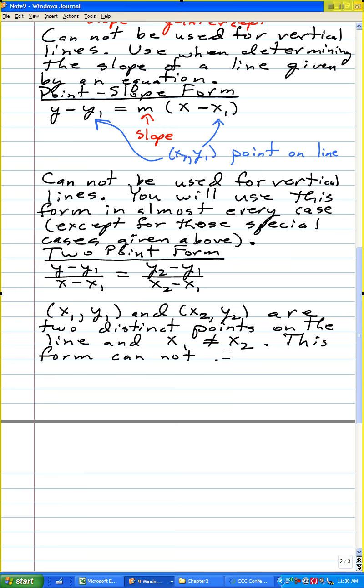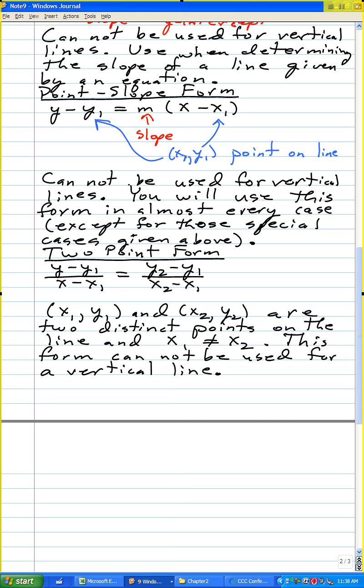Let's see, so this form cannot be used for a vertical line. When do you use this? Actually, I never use this.